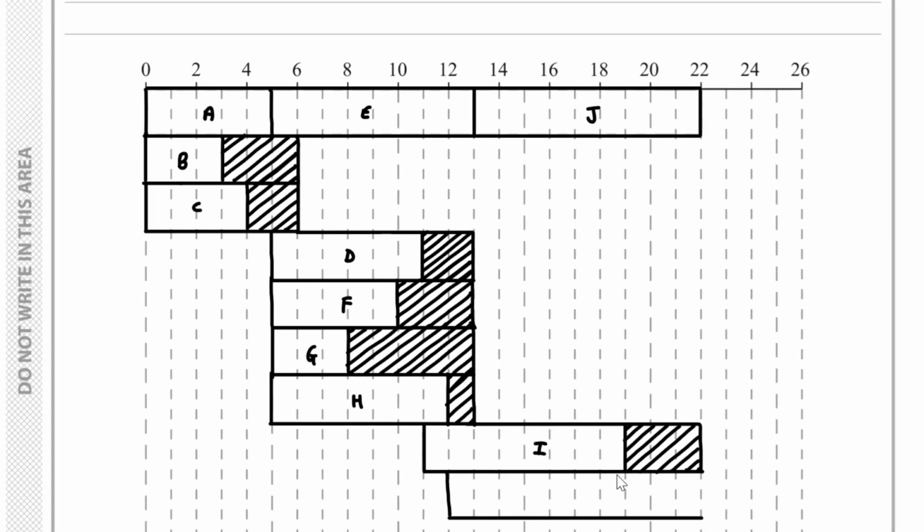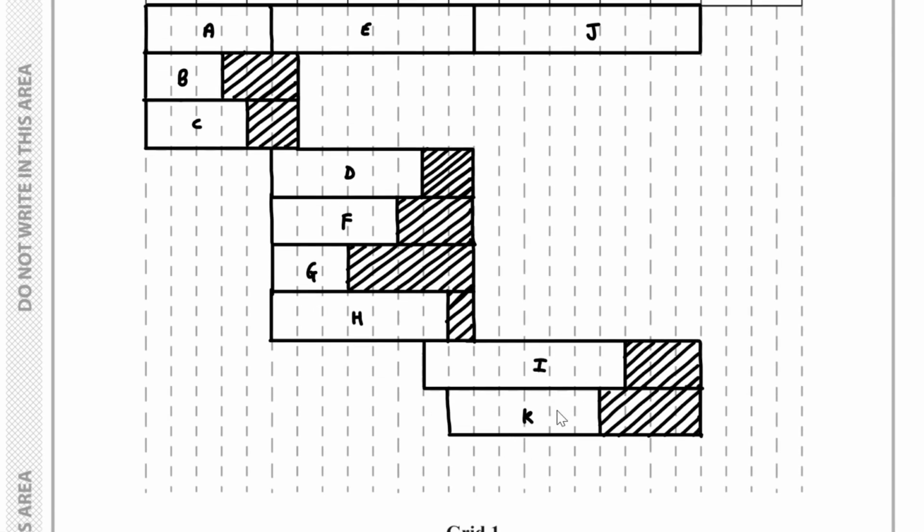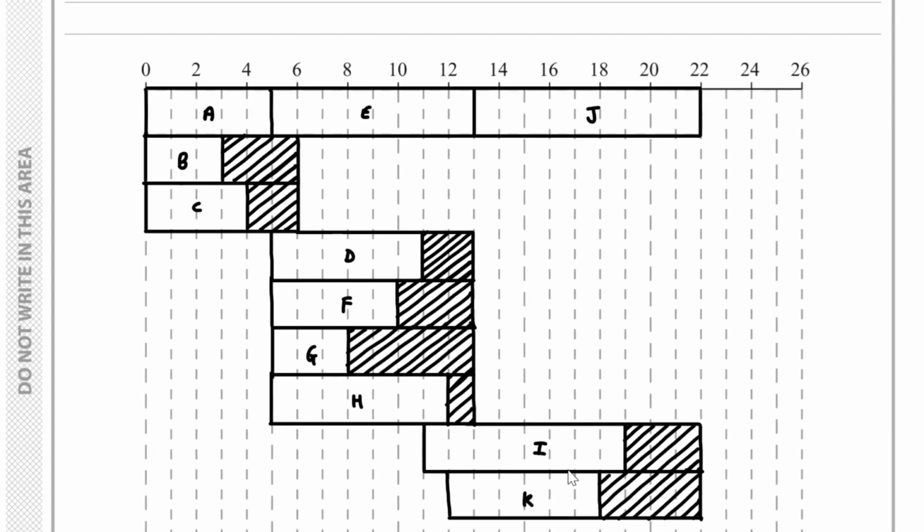So 18 is over here. So this is K. And then we finish off over here. So here is K. And that's how we go about the Gantt chart.